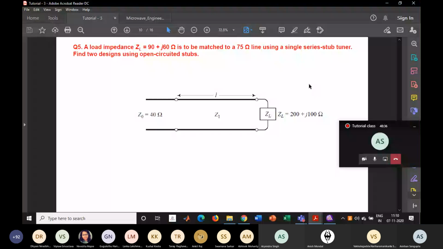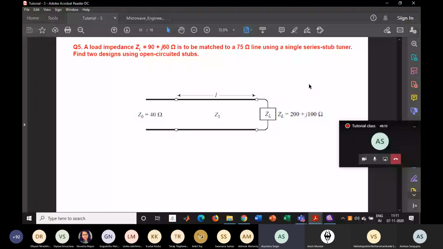In a series stub, the calculation has to be done wholly on the impedance Smith chart, right?